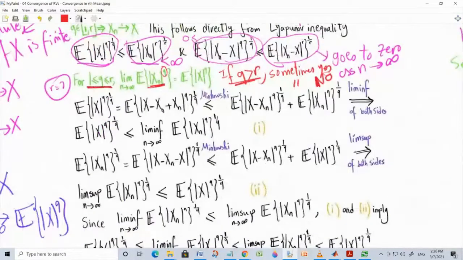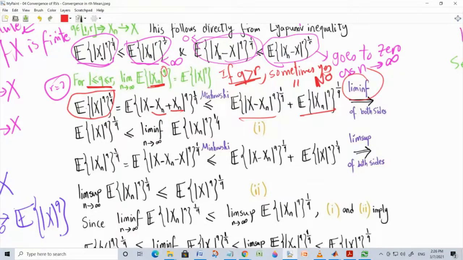Okay, so let's do this. Start with this expectation. Insert plus xn minus xn. Apply Minkowski. So you can split this into two terms by Minkowski. Take limit infimum of both sides.